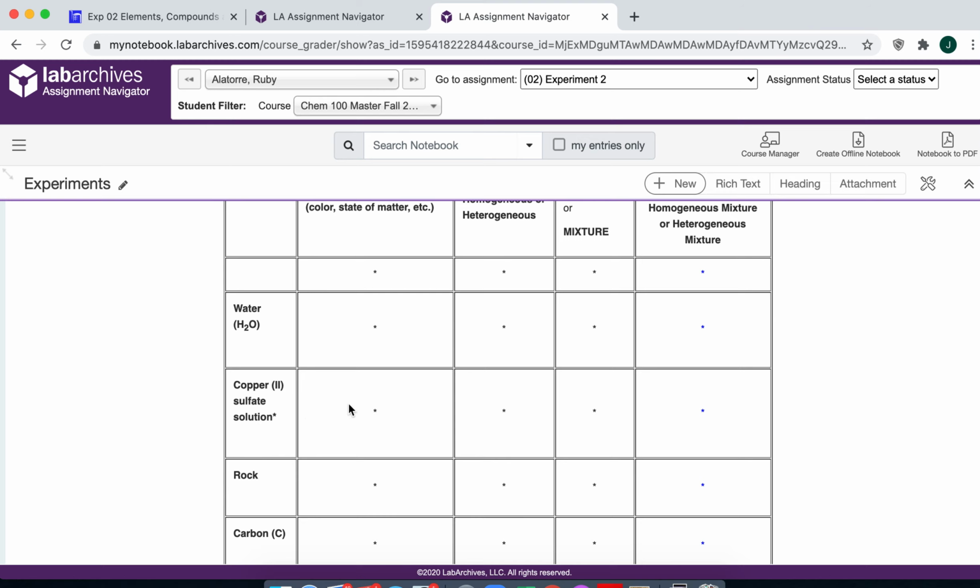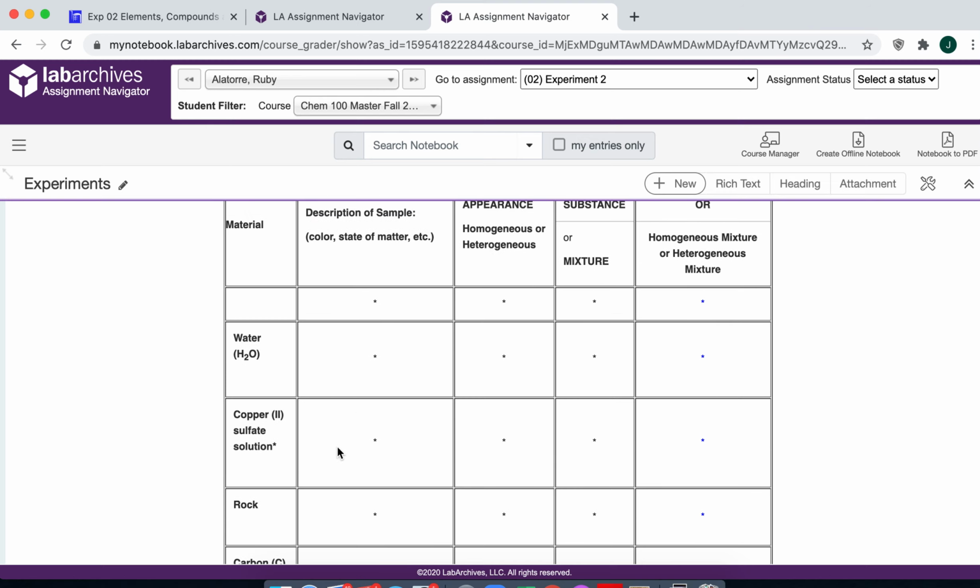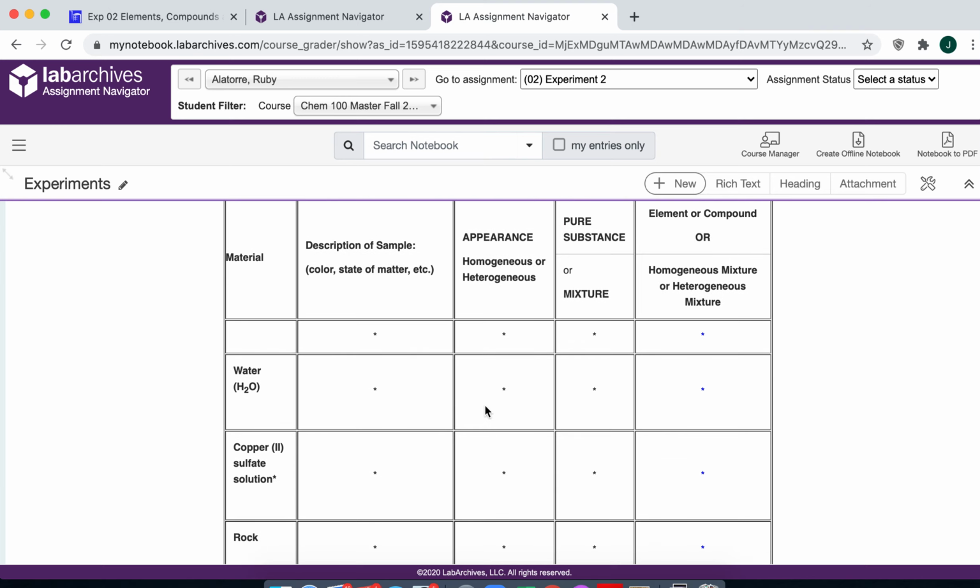So for copper sulfate solution, the color is blue, the state of matter is going to be liquid, and the appearance, based on the picture, looks uniform throughout, so it's going to be homogeneous. It cannot be a pure substance.